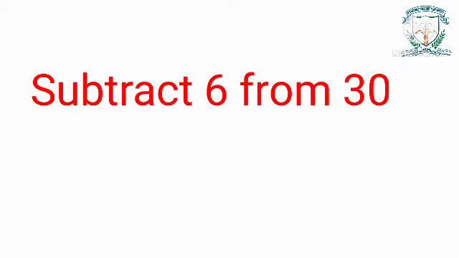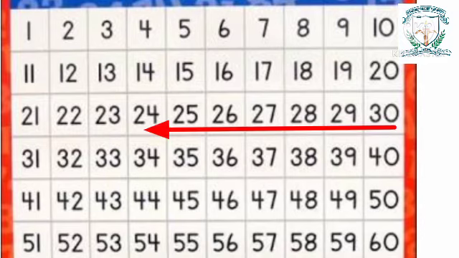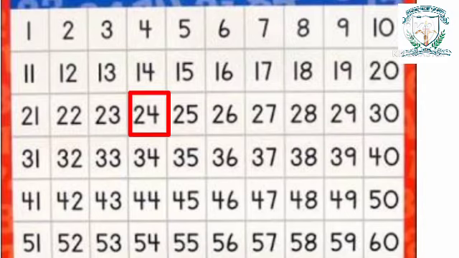Subtract 6 from 30. Here, we start from the bigger number 30 and move left 6 steps from 30. Then we reach 24. Like this.